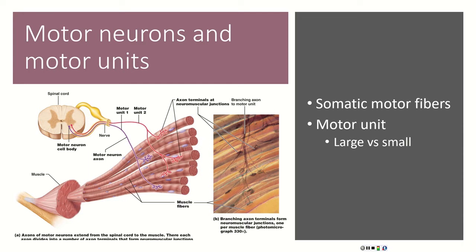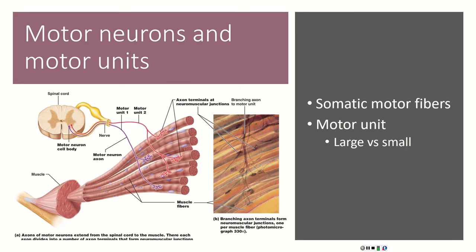Somatic motor fibers are axons of neurons from the central nervous system. So the cell bodies are in the central nervous system. The axons extend from the central nervous system towards the muscle cells.